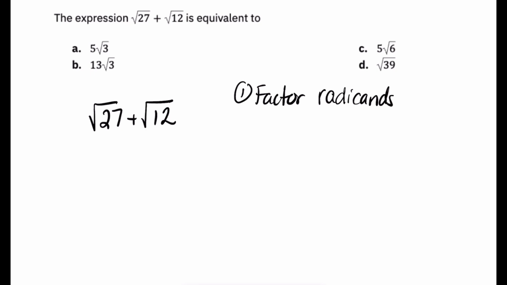The radicands are just these numbers that are underneath the square root symbol. And what you're going to look for is a common factor, a greatest common factor, plus a square number. So that's the factor pair you want.